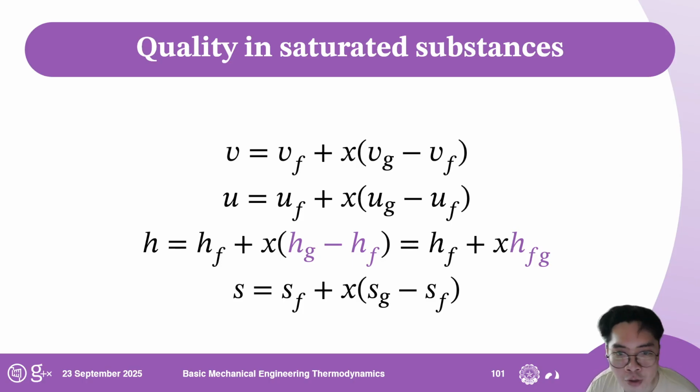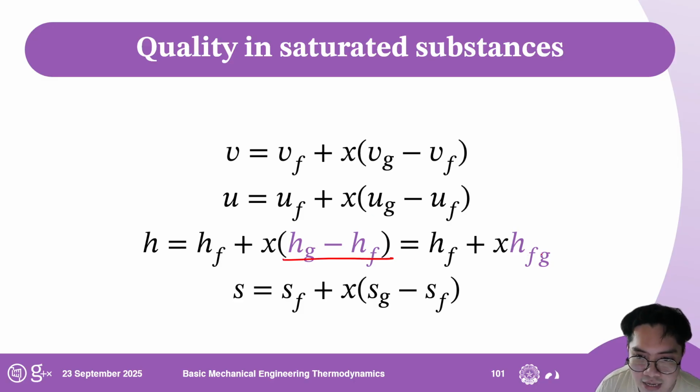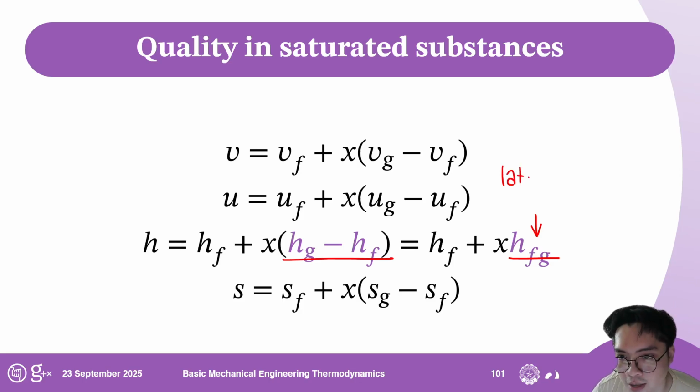And now, you notice that there is something in here that is highlighted in purple, right? Hg minus Hf, you can replace that with Hfg. This is a special thing that holds a special place in steam tables because this is what we call the latent heat of vaporization, right?